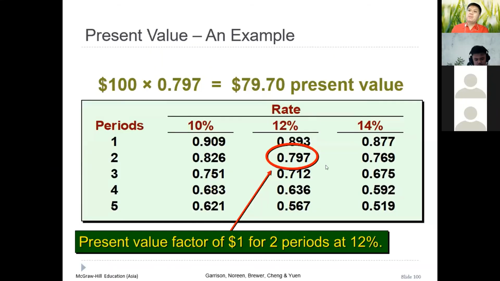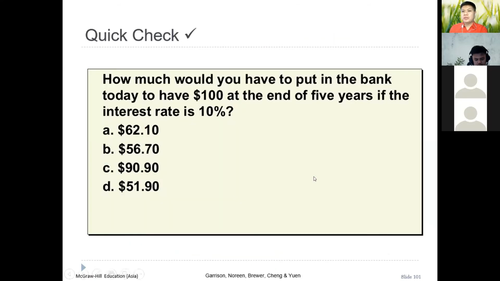So these are the numbers that we computed. What formula did we use? P is equals to F over 1 plus R raised to N. So we proceed. I hope that is clear, the computation. For the non-accountants, I'll upload also the Excel file.